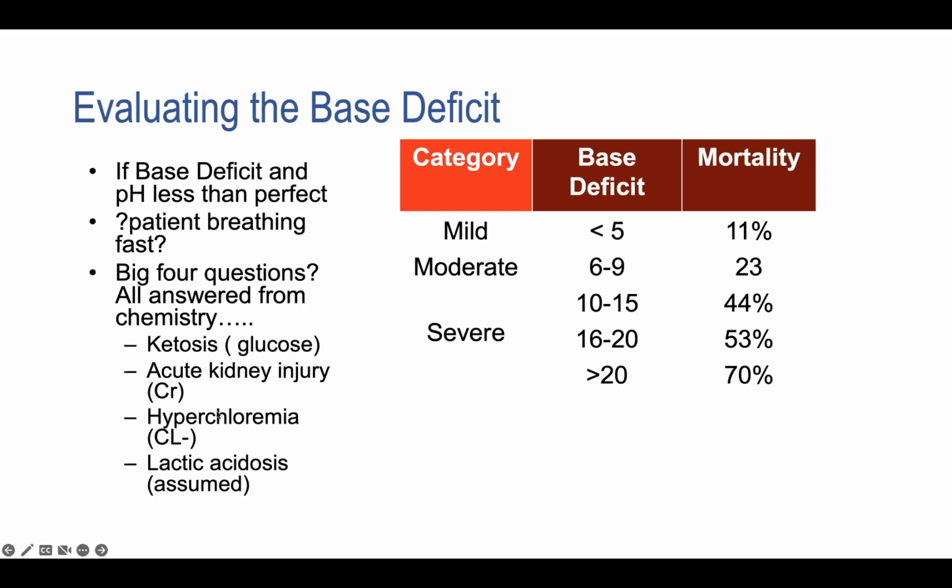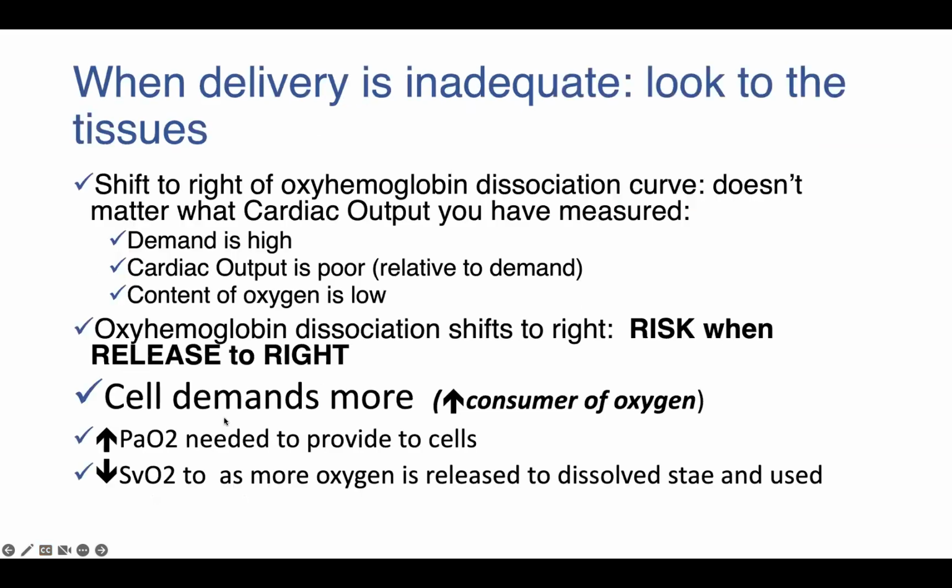Do they have high chloride? Chloride binds to the metabolic acid. Cl marries H, that makes HCl, a strong acid. So that's really important. And if you don't have any one of these 3, basically you're just looking at the patient's glucose, their creatinine, their chloride, and if none of these is abnormal, you're going to assume it's lactic acidosis.